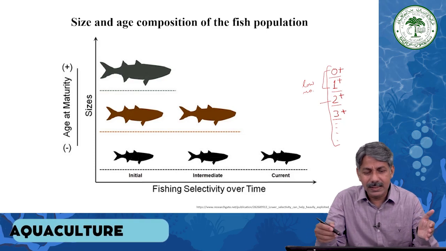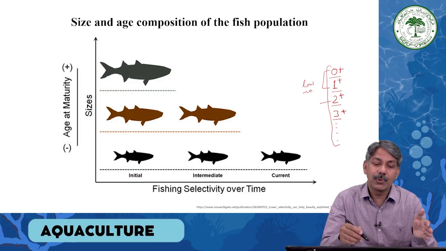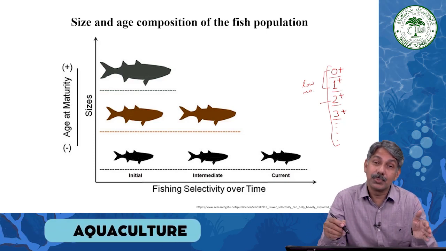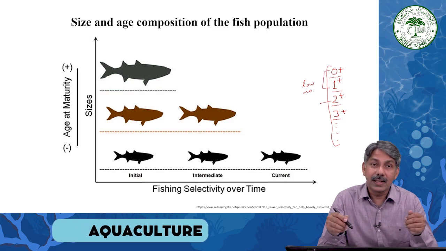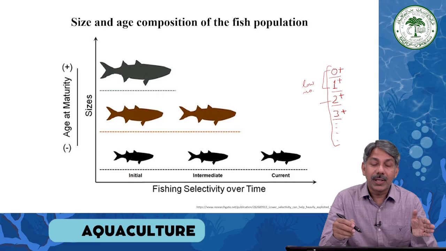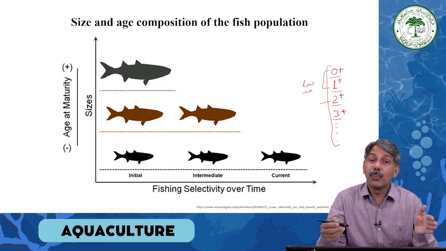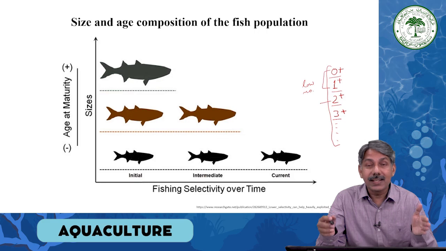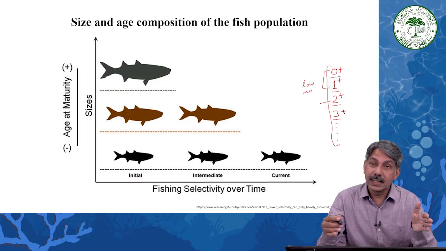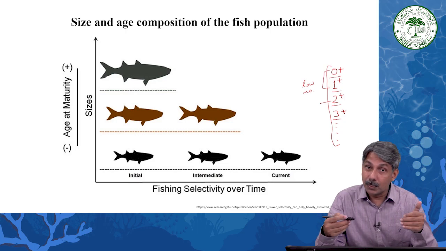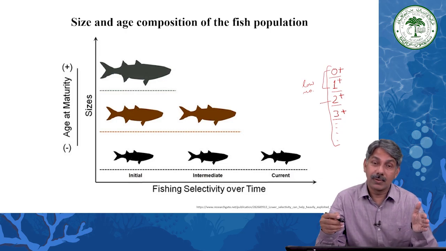So that is possible if we have information on size and age composition of the fish population. And that is why in many countries across the world, this is a routine practice. The government has provisions to get information on size and age composition of the fish population, as well as the number of fishes in a particular environment.